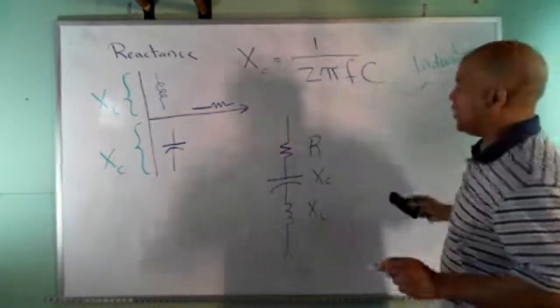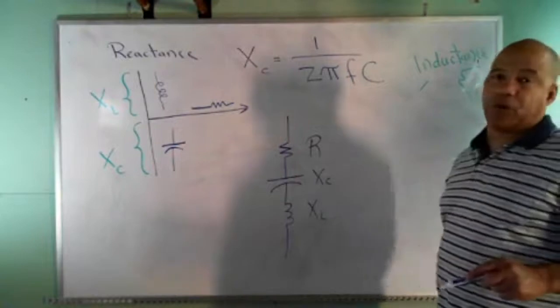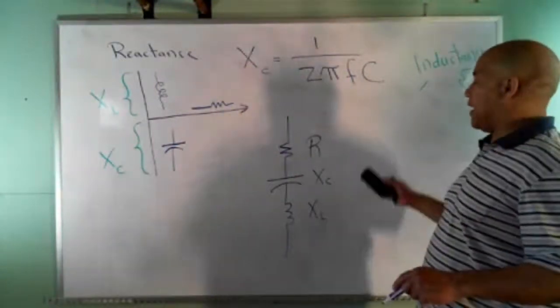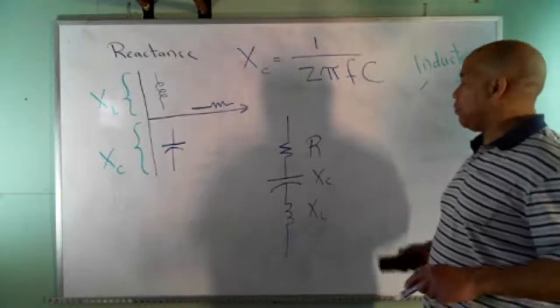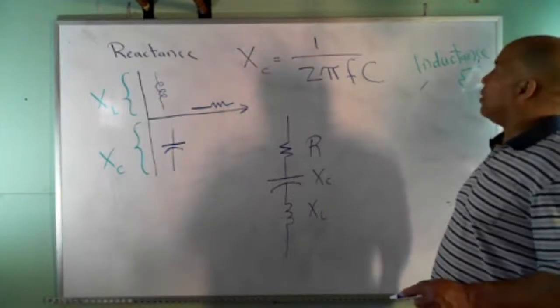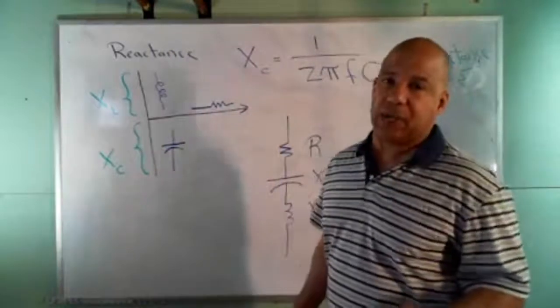My expectation is you should be able to do a problem like that, and if I gave you a voltage across the network, you should be able to find the current, you should be able to find the voltage drop across each component, and you should be able to prove things like Kirchhoff's voltage law. So this should be enough to get you through any lab that Russ may give you.